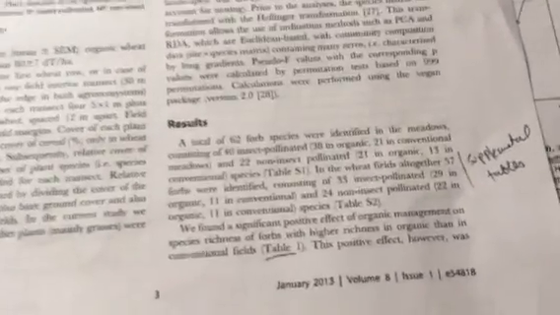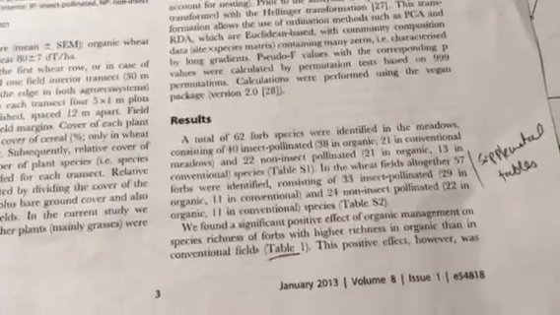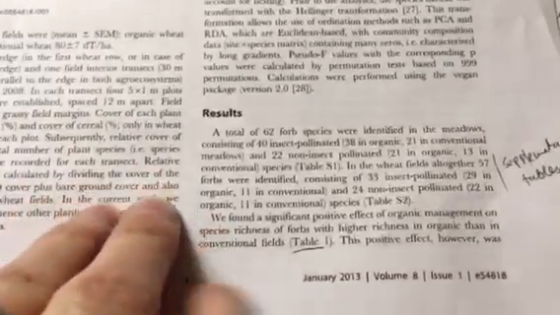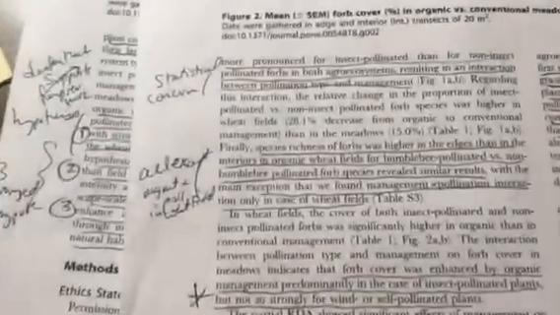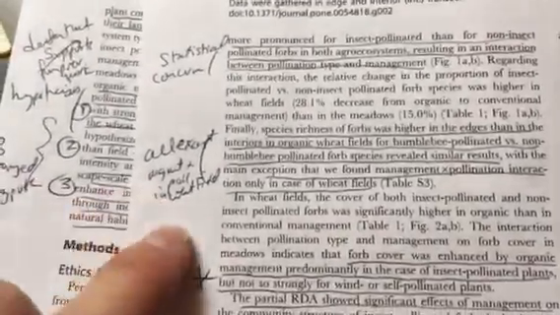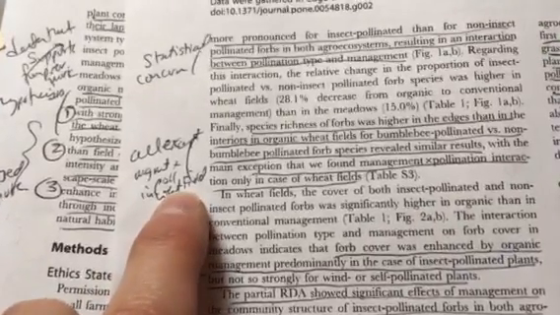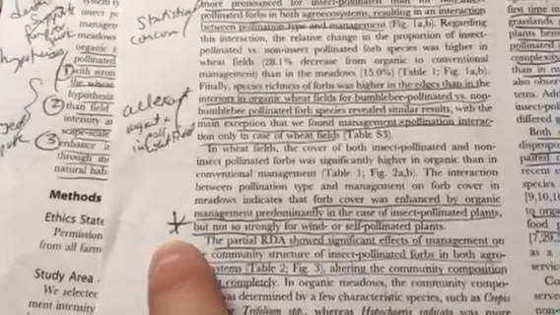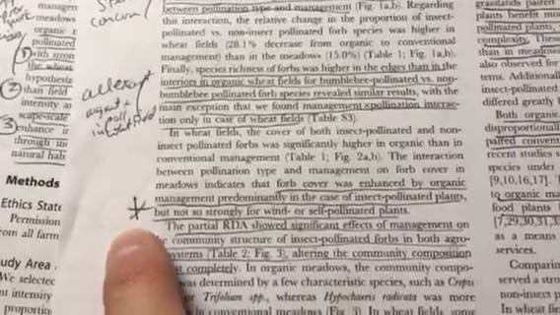So then I went back to results. Now that I've read the tables and the charts, I have an idea of what's going on. There's some supplemental tables that might give me more information. Table 1, again, I don't really need to read some of this stuff because I already figured it out from the tables, right? So it's going through some of their results. I star some of the things that I think are particularly important.